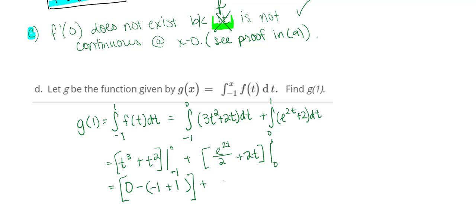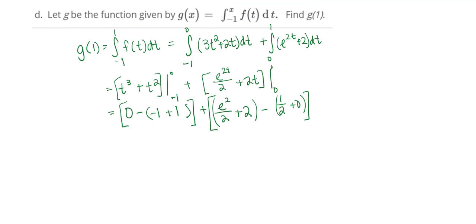Plugging in 1, we should just get e squared divided by 2 plus 2 minus e to the 0, which is 1, so 1/2 plus 0. And remember, we can just leave it like this. If you did take it down all the way, you would get e squared over 2 plus 3/2.